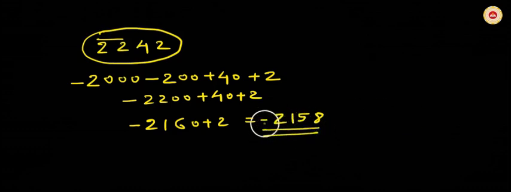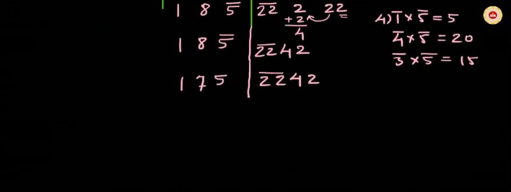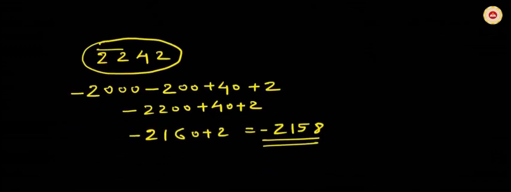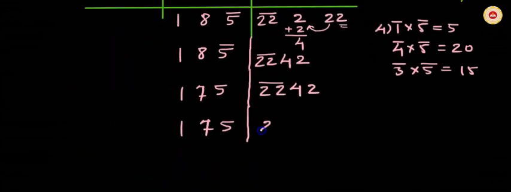So let us write this number 175, and what is the value of this number? 2158 negative. So friends, remainder is negative.